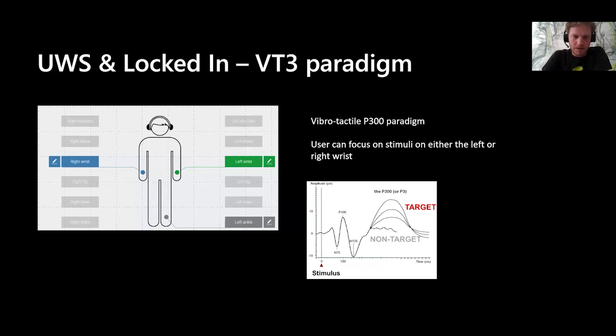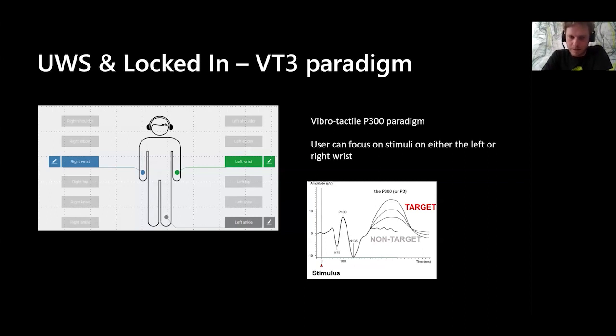So what happens during the paradigm is that all of them vibrate, not at the same time, but after each other in a random fashion. And the purpose of this arrangement is that when we ask a patient a question which can be answered by yes or no, the patient can answer this question by counting or focusing on the stimulations on the right wrist, for example, for a yes answer, and for a no answer, the patient can focus or pay attention on the left wrist.